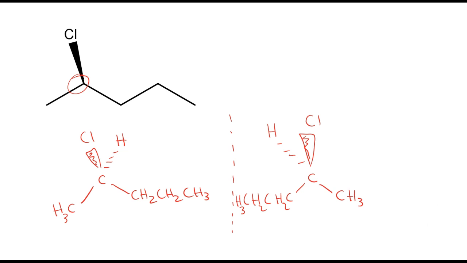If you take the mirror image of either one, you're going to find that no matter how hard you try to rotate it or shift it, it won't be able to superimpose on its mirror image. So because the mirror image is a different stereoisomer, we have a chiral molecule.